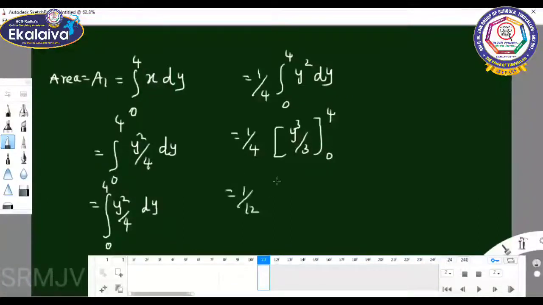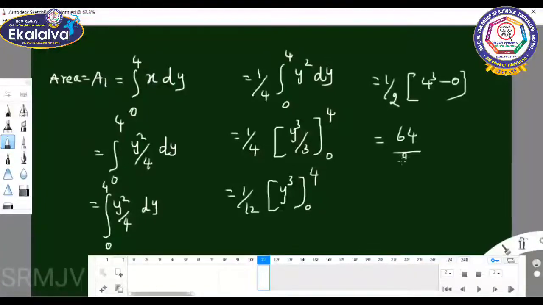That is 1 by 12 into y cube, 4 cube minus 0, that is 64 by 12. Sorry, y cube by 3.